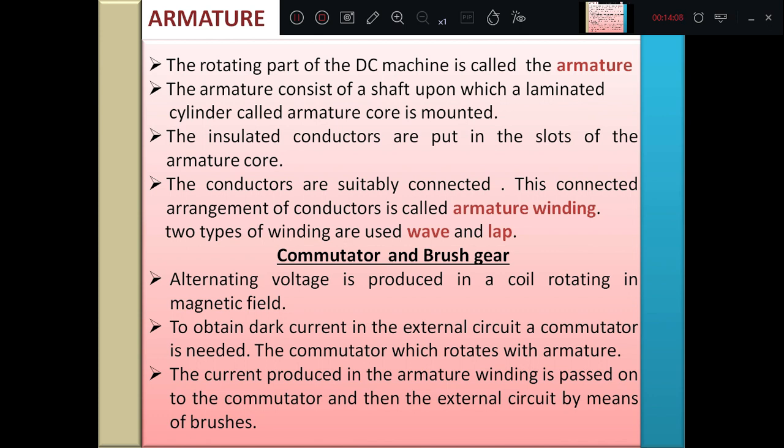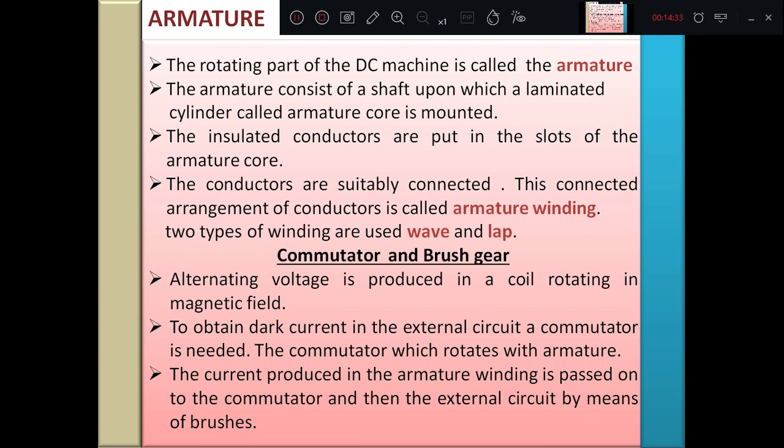The next part of the DC machine is the armature, in which there is an induced voltage. It is the rotating part of the system. The rotating part of the DC machine is what we are calling the armature. Usually the armature consists of a shaft, on which there is a laminated cylinder core. Once again, it is also made up of laminations, and on its outer periphery we have slots.